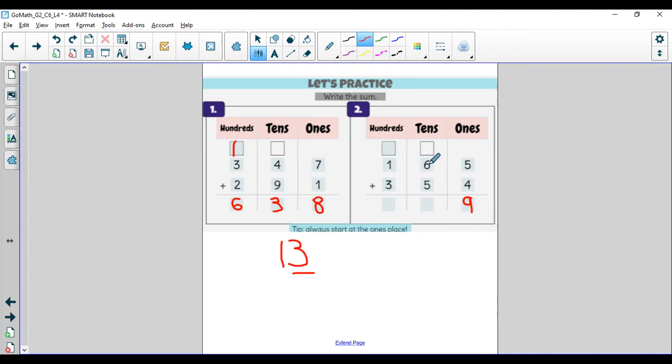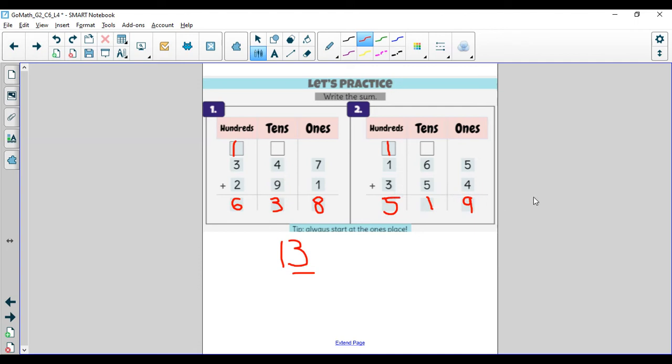Plus 1 more is 11. So I take my 10 tens that I made and move it to my hundreds, and my 1 right here, which is 11. Now I can add my hundreds. 1 plus 1 is 2. 2 plus 3 is 5. So my sum is 519.